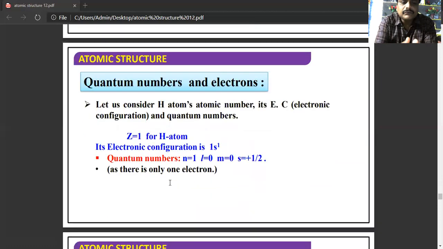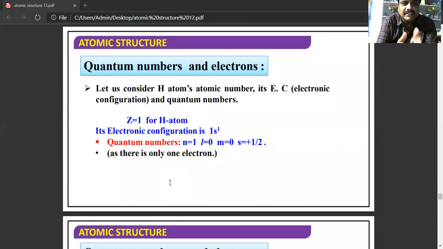If we consider hydrogen, its atomic number is 1 and its electronic configuration is 1s1. If you look at the quantum numbers, since there is only 1 electron, n is equal to 1. Since it is an s orbital, l is equal to 0, and since l is equal to 0, m is also equal to 0. So definitely 1 electron.